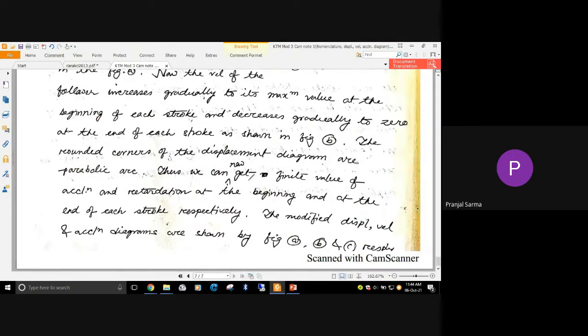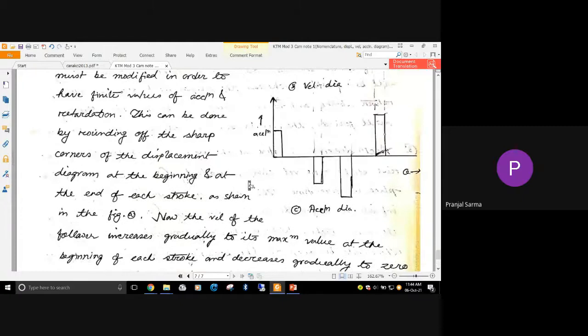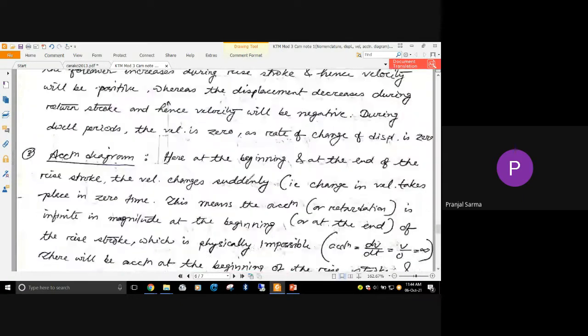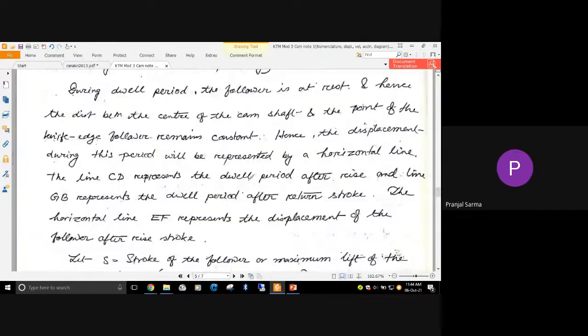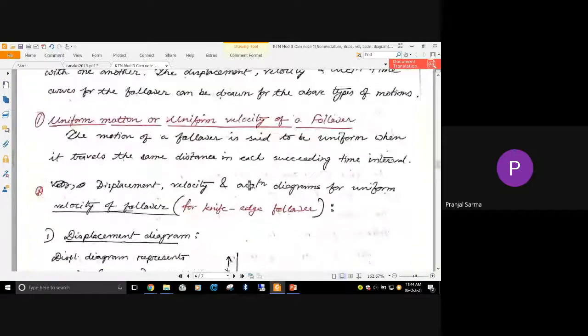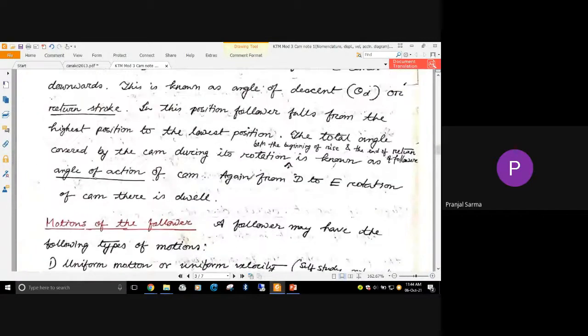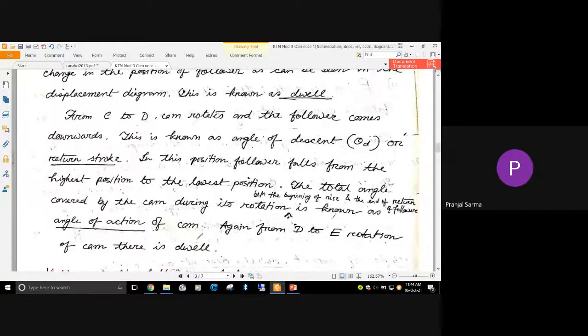The same thing has been written here. The total angle covered by the cam during its rotation between the beginning of the rise and the end of return is nothing but the angle of action.